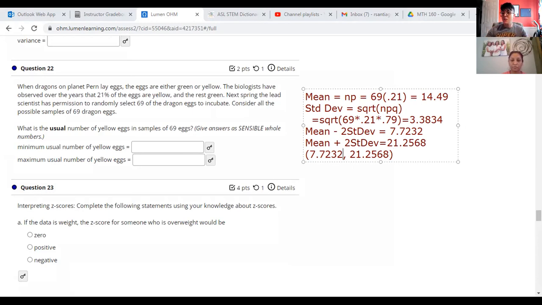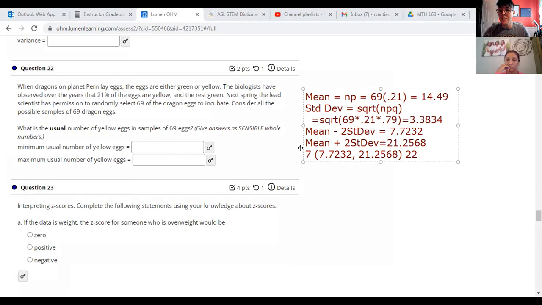One thing I want you to note, Surujni, is that 7 is outside of this range. 7 is below this range, which means 7 is unusual. I also want you to notice that 22 is outside of this range. 22 would be unusual. What that implies is that our middle values, the one that's just above our lowest and the one that's just below our highest, will be our minimum and maximum numbers.